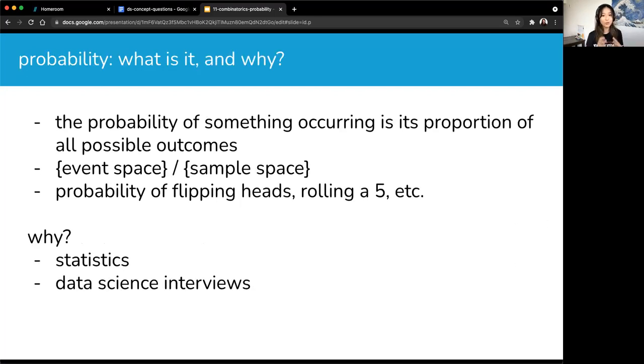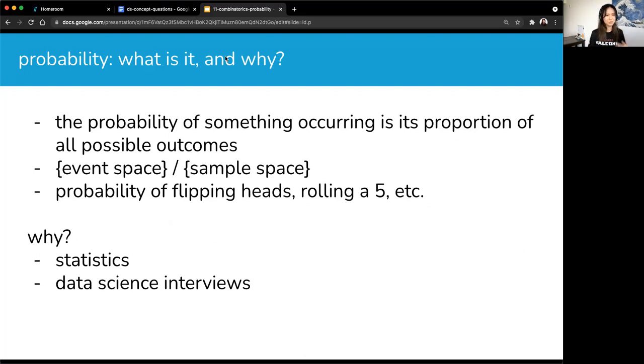To start, why is probability important? What is probability first? Probability of something occurring is its proportion of all possible outcomes. More mathematically defined, it is the event space out of the sample space. For example, if you're flipping a coin, the sample space is every possible outcome, so heads or tails.